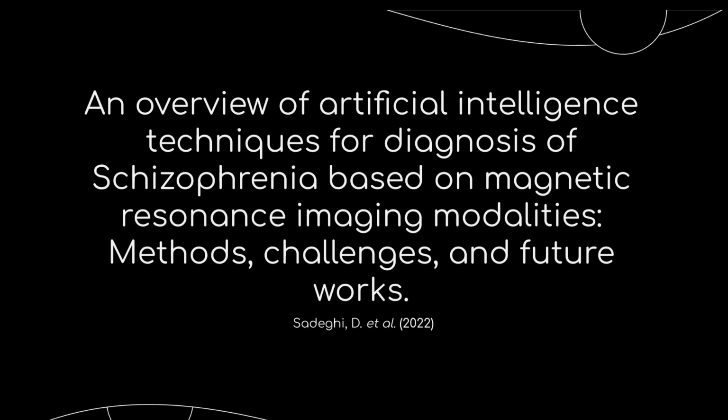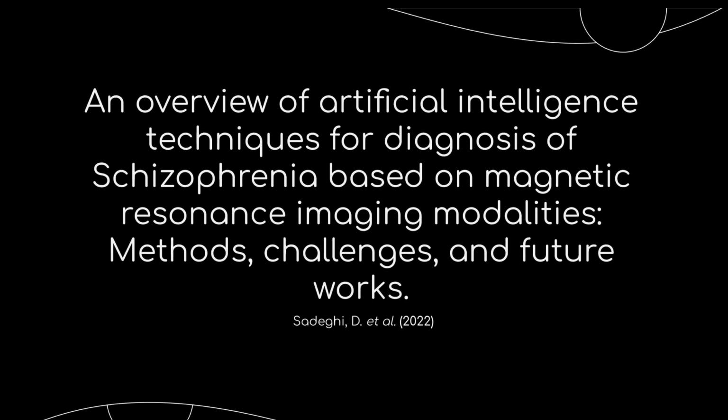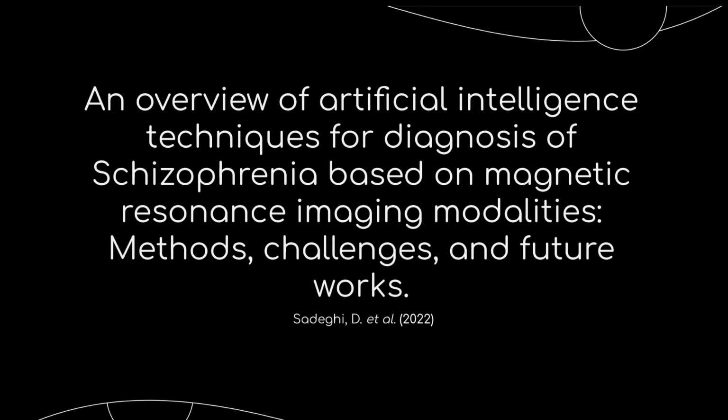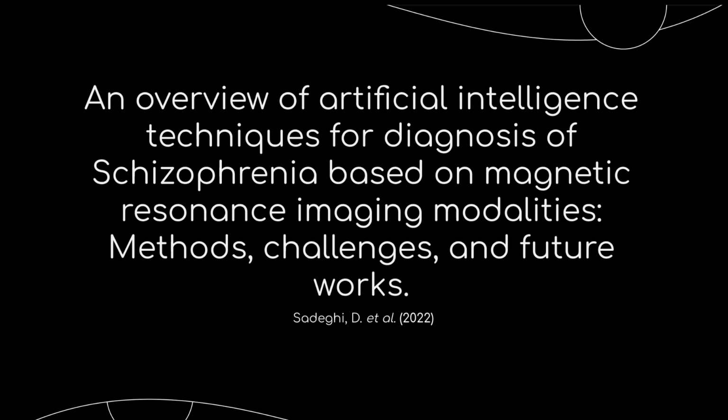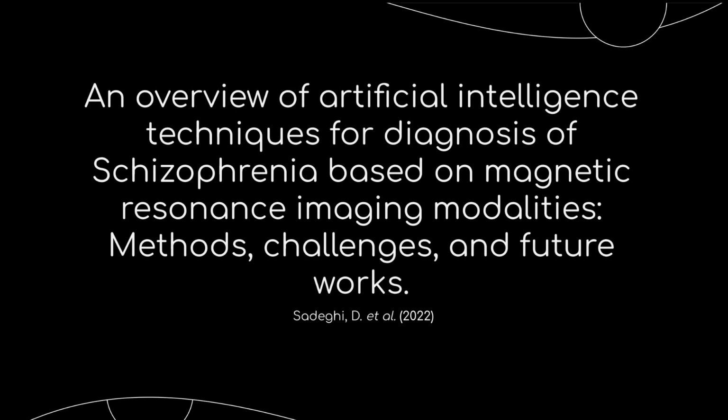The study that I will be looking at today for artificial intelligence would be an overview of artificial intelligence techniques for diagnosis of schizophrenia based on magnetic resonance imaging modalities, methods, challenges, and future works.